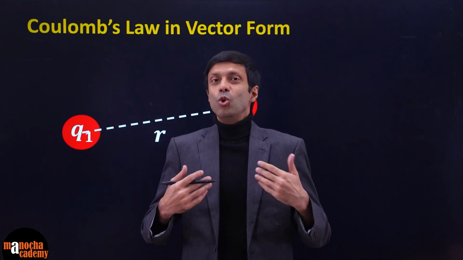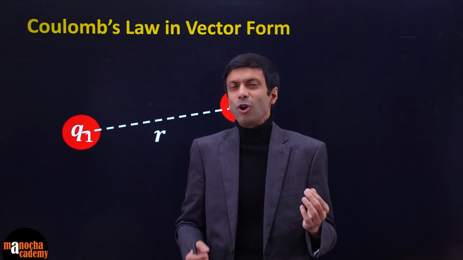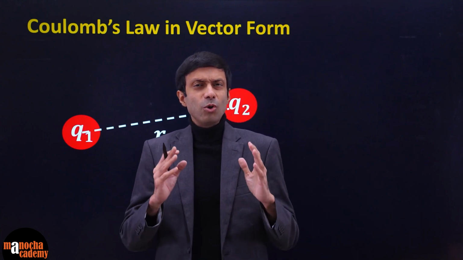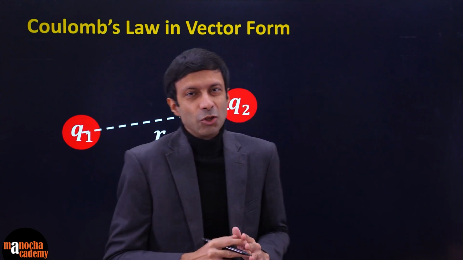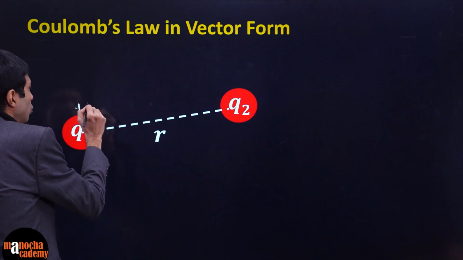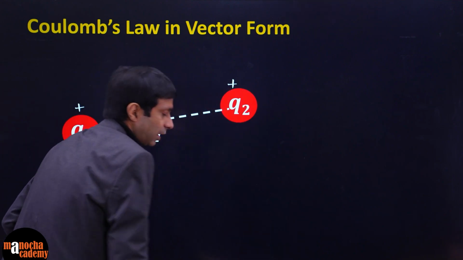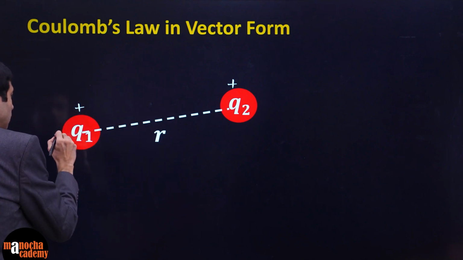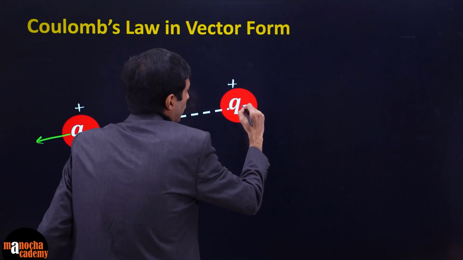We have learned about Coulomb's law and the Coulomb's law formula. Now let's look at Coulomb's law in vector form. Once again, we consider two charges, and we'll take both to be positive. Since the two charges are positive, they will repel each other with a force along the line joining the two centers.